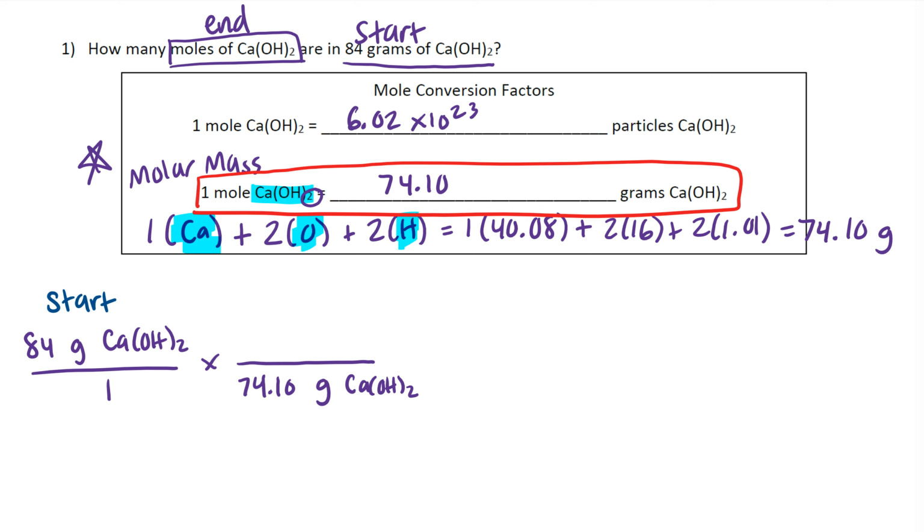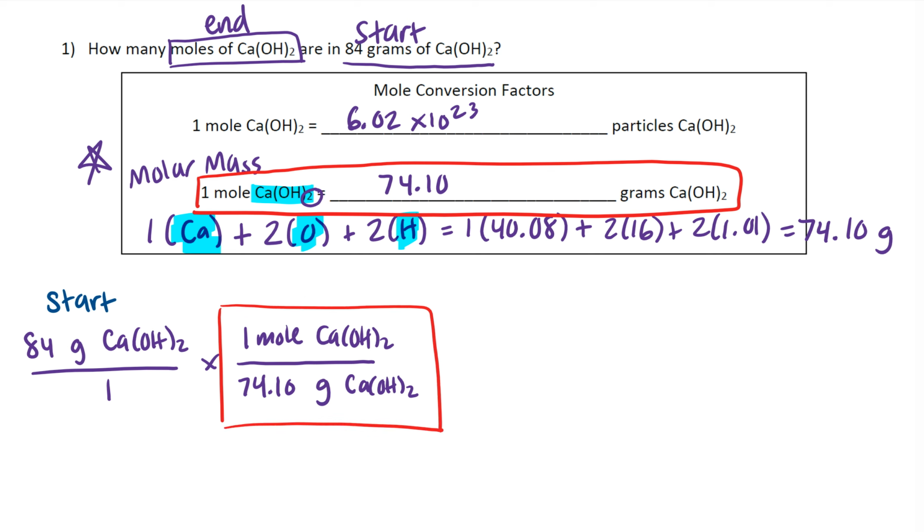And so now I put 1 mole on the numerator because 74.10 grams of calcium hydroxide is equal to 1 mole. And I'm going to take that same colored pen or highlighter and put the same colored box around that conversion factor in my dimensional analysis work.